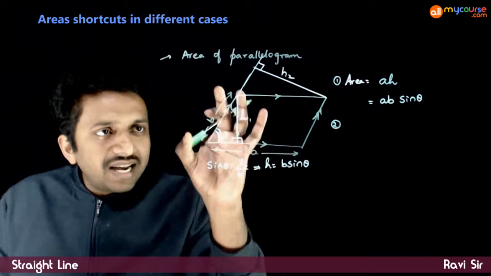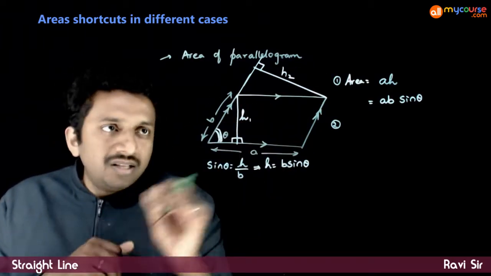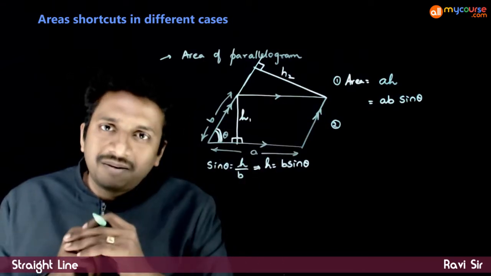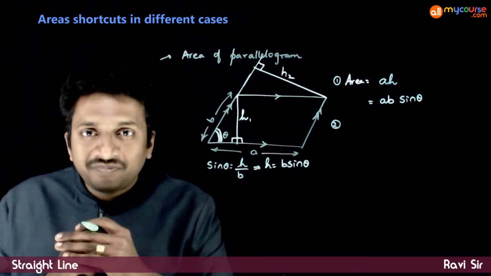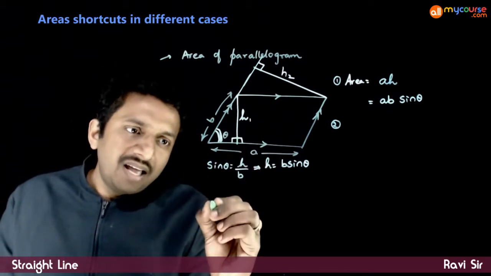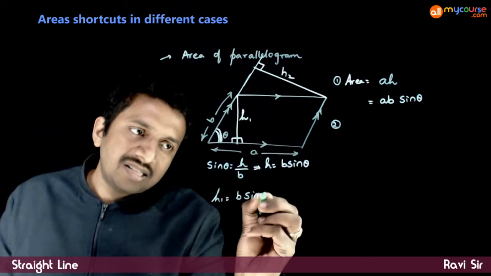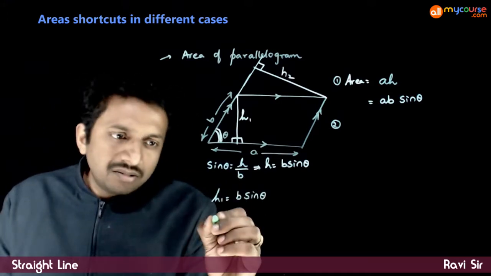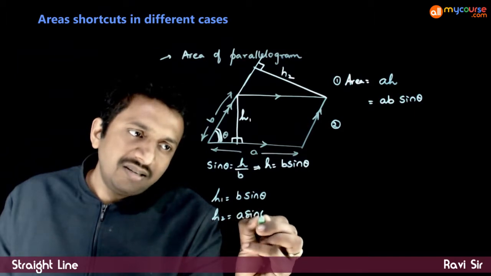So instead of sides, if you know the heights of the parallelogram, how do we find the area? As you have seen, h1 is equal to b sine theta. So obviously h2 by symmetry is A sine theta.